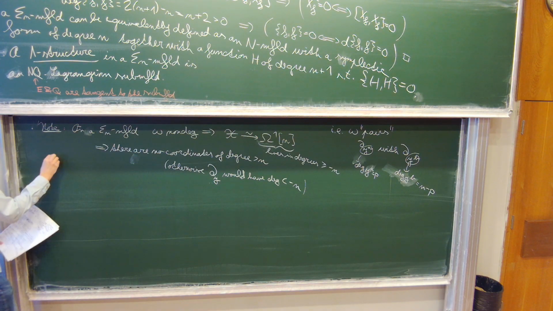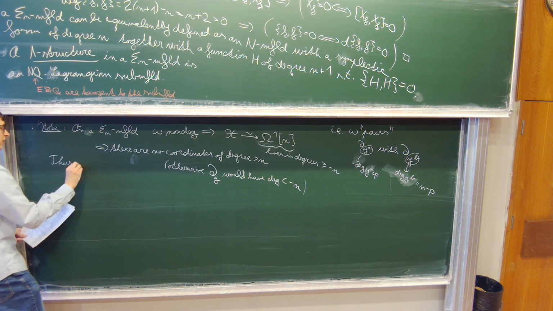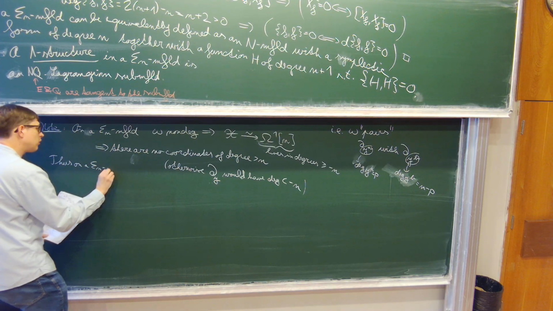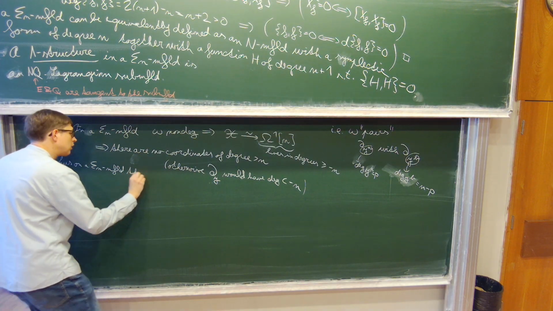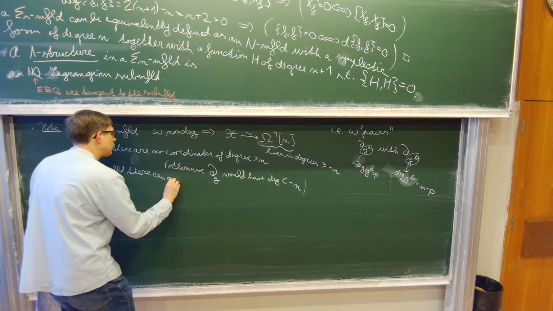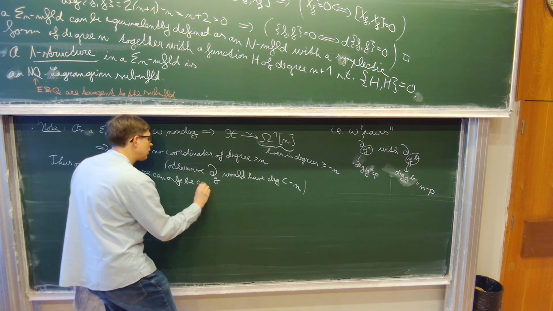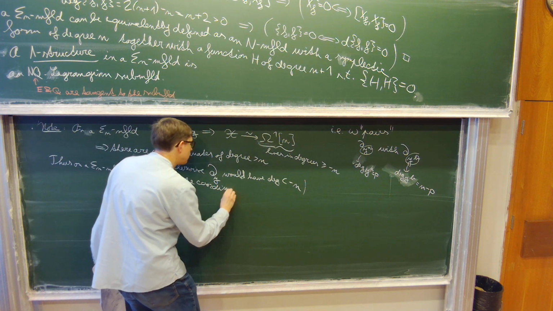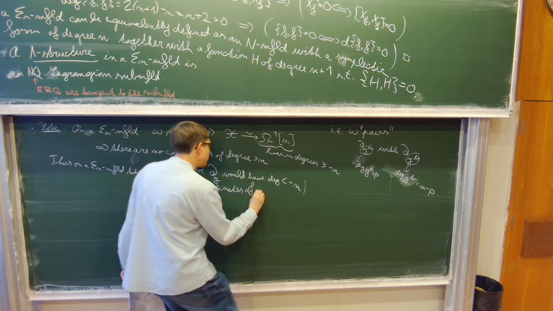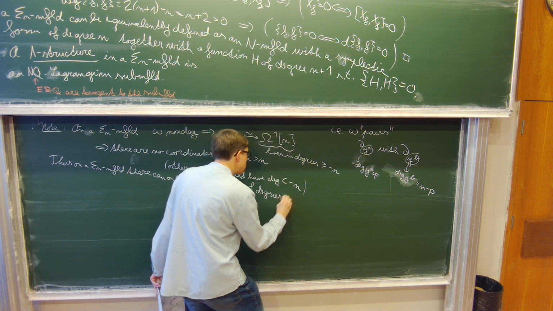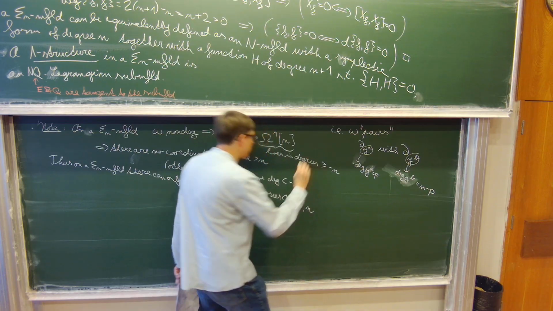Let me write that as a sentence. Thus, on a sigma n manifold, there can only be coordinates of degrees 0, 1, up to n.